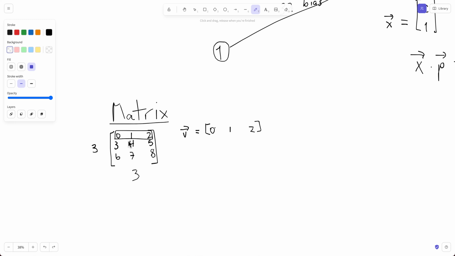And let me make another vector for 3, 4, 5. I'm just going to call this x, 3, 4, 5. And I'm going to make another vector. I'm going to call it y. And this vector is 6, 7, 8.